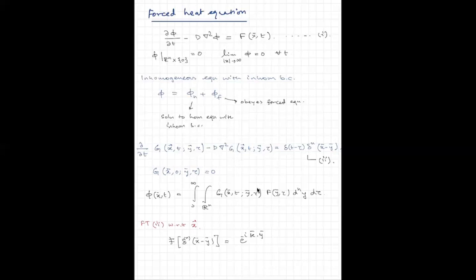Okay, so now let's plug this in. You have a d/dt, and you're also multiplying it throughout by the exponential of d mod k squared t. Then what you obtain is e to the d mod k squared t, G tilde of k, t, y, tau.